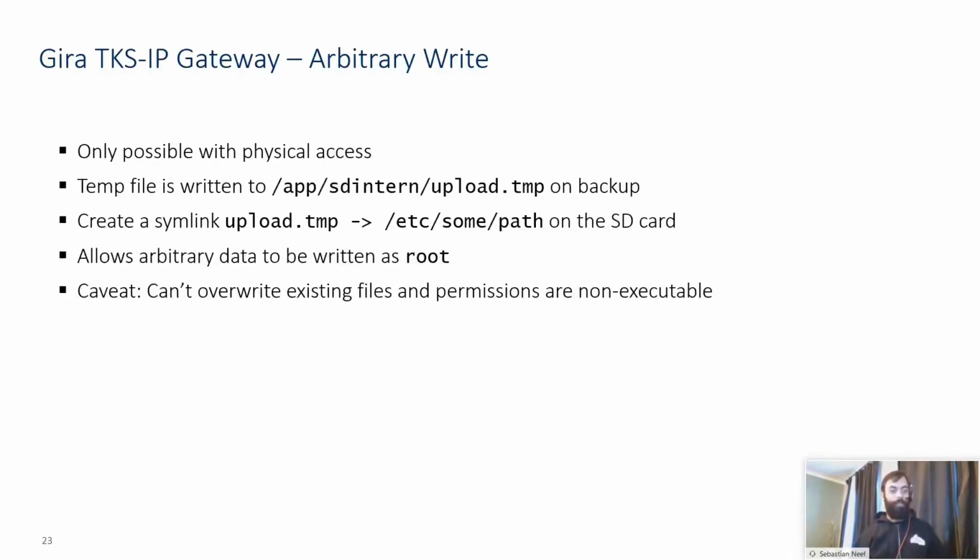So our hacker mind started up and thought, what if we can replace this upload.temp file with a symlink to any other file on the SD card or on the whole system? Maybe we could just overwrite a file or create a new file and then somehow get it triggered and executed so we can get root access, a reverse shell, or something along that.